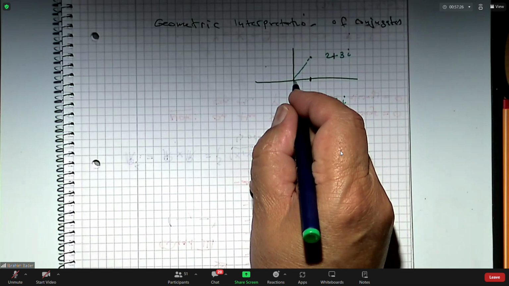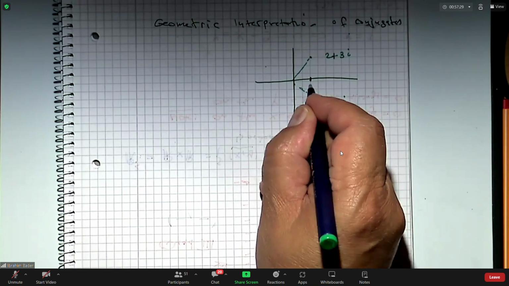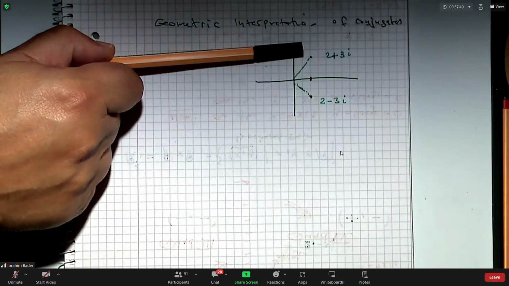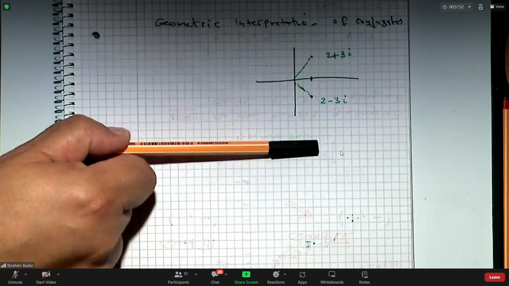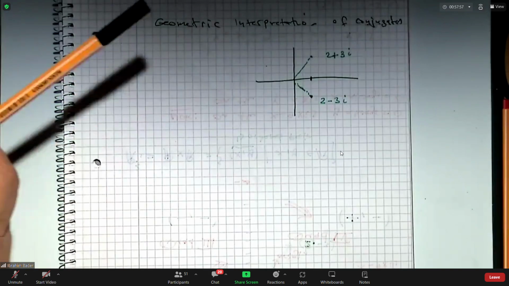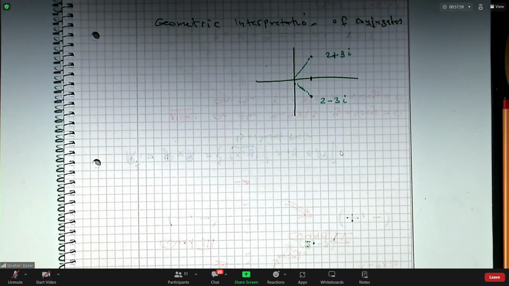So what I have here geometrically is nothing else than a reflection of the number around the x-axis. If I have the number here, its image under the x-axis will be here. So this is just the geometric representation of the conjugate.